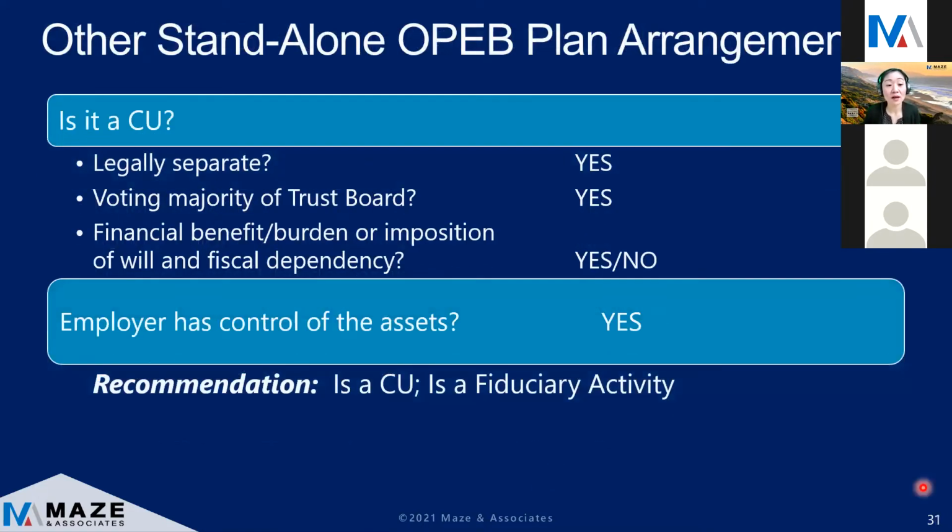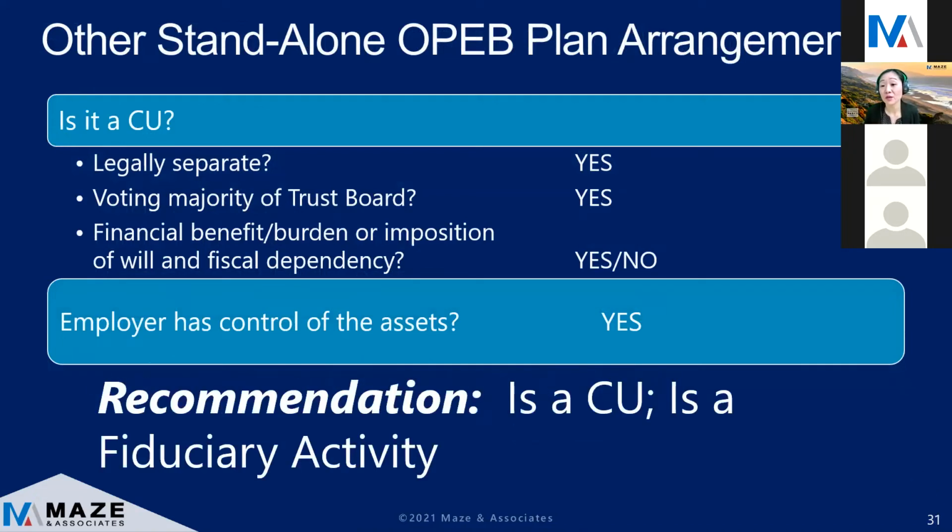All right, how about a standalone OPEB plan? These are the ones where you basically have your own plan, and your investment is not pooled with other agencies. Sometimes you may put this under PARS also, or sometimes you may have another administrator.